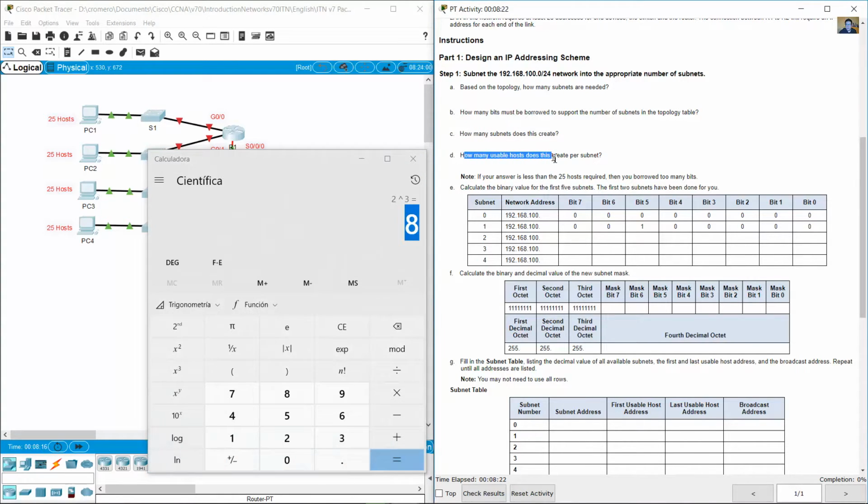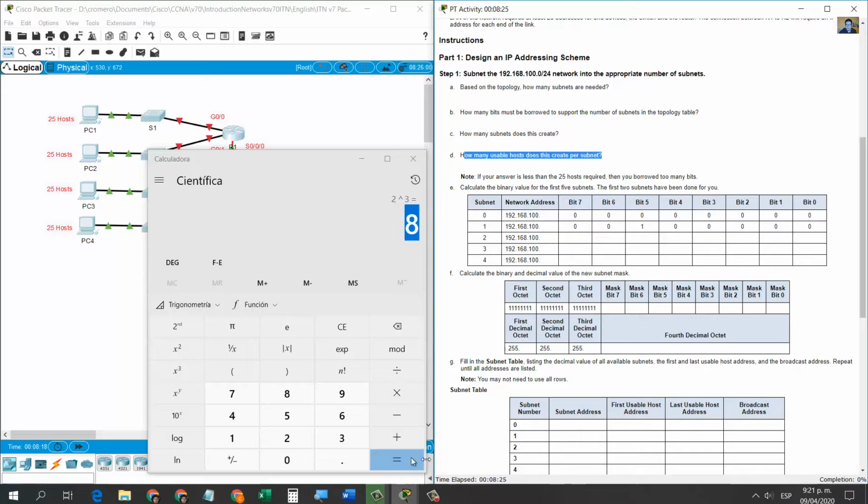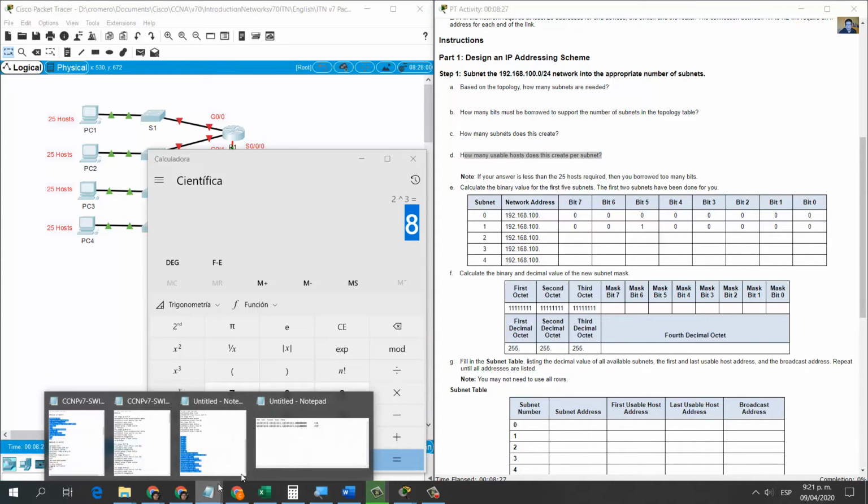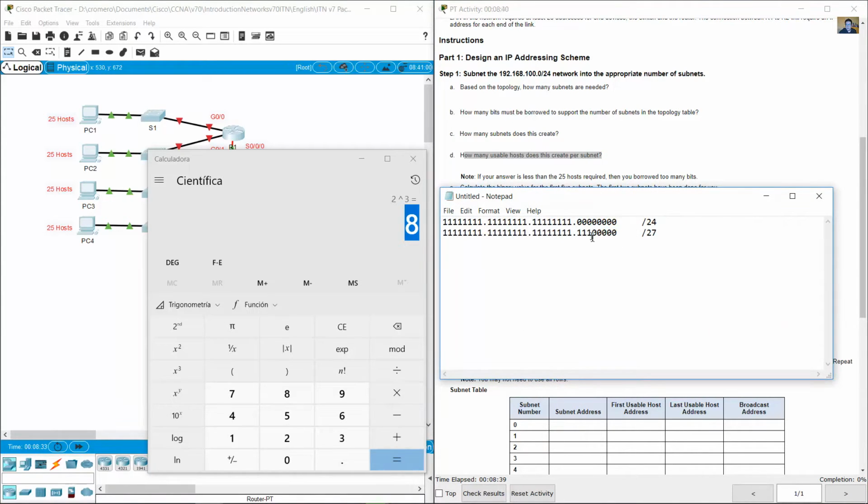How many usable hosts does this create per subnet? Remember, this is the network portion, 27 ones, and this is the host portion, 5 zeros. Do the following: 2, the base for binary system, power 5, the number of bits of host portion, minus 2 equals 30 hosts.